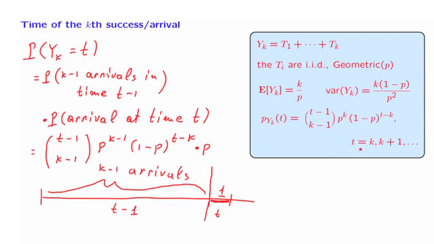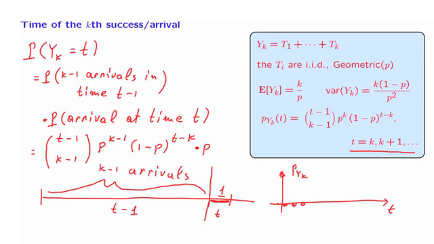Notice the range of the random variable yk. The kth arrival cannot happen before time k. You need at least k time slots to obtain k arrivals, so this probability will be positive only starting at time k and for future times. So this random variable yk in general will have a PMF of this form.